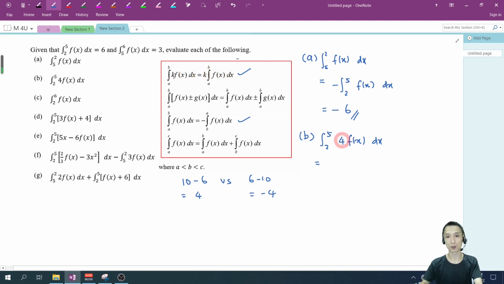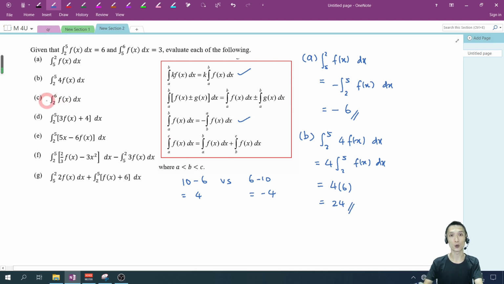So here I'm going to bring out the 4, and it becomes 4 times this integral. Copy the 4. What is the answer for this part? 6. 4 times 6, you will get 24.